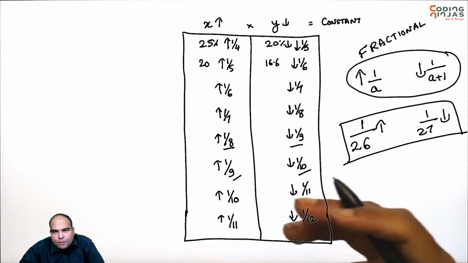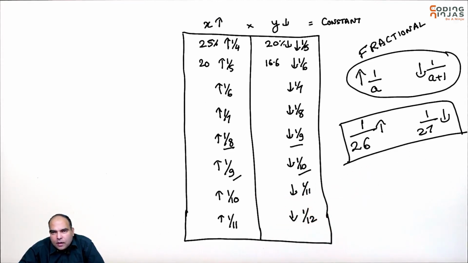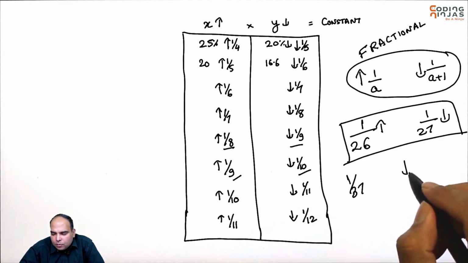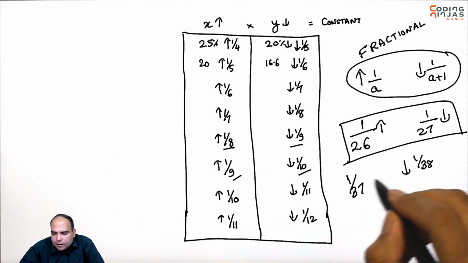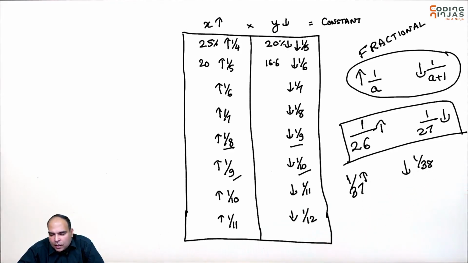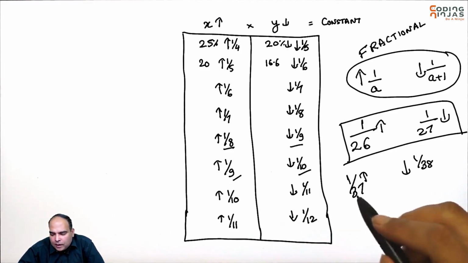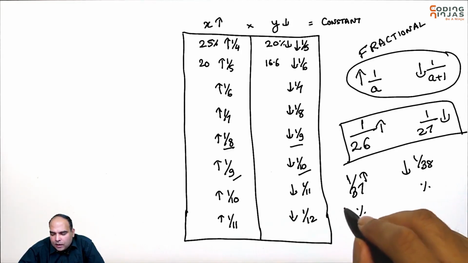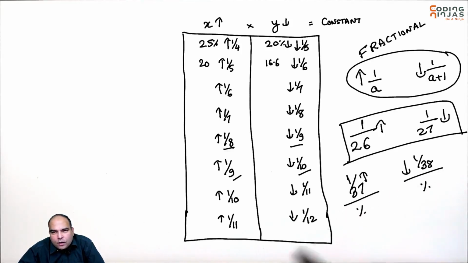So you are free to use any numbers here, any ratios. 1/37, I can't expect you to memorize 1/37 increases, 1/38 decrease. It can't be memorized by anyone, right? At least in percentage terms, it's very difficult to memorize this. But in ratios, you get much more freer to handle any values.